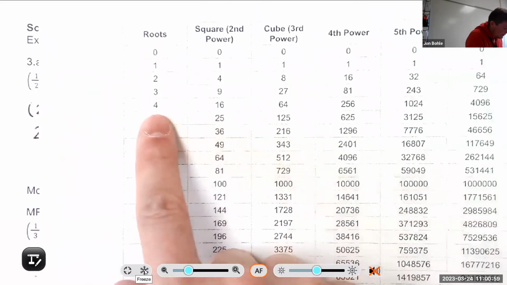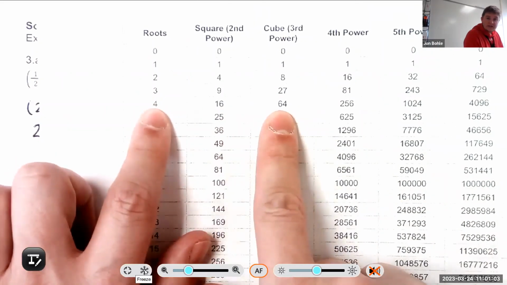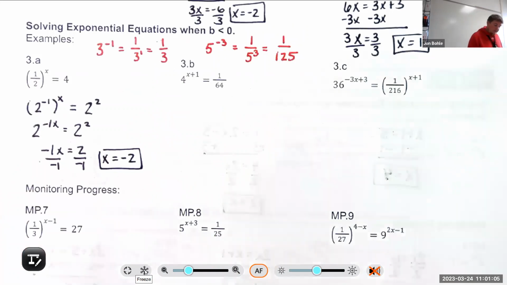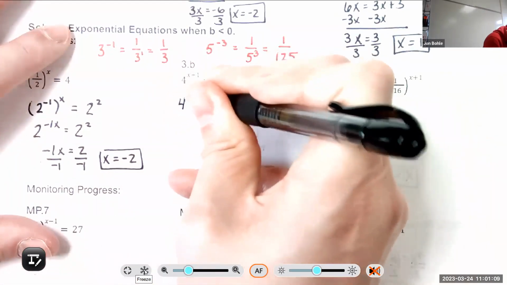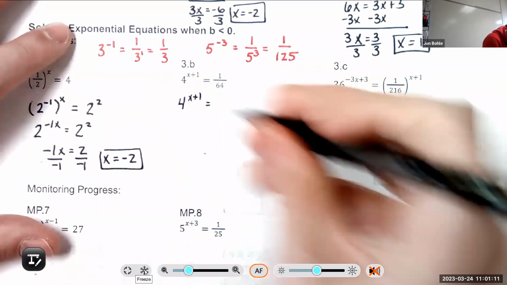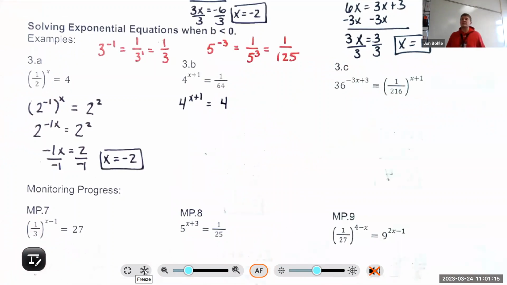So I'm going to go through here. Is 64 a power of 4? Yes, it is. So what can I rewrite 1 over 64 as? 4 to what power? Not quite. 4 to the third power is 64. I don't want 64, I want 1 over 64. Negative third power.